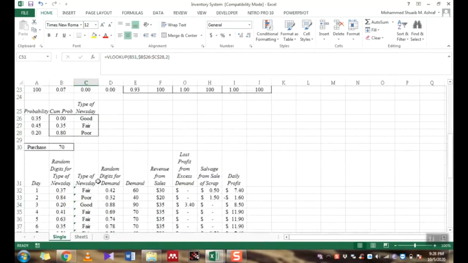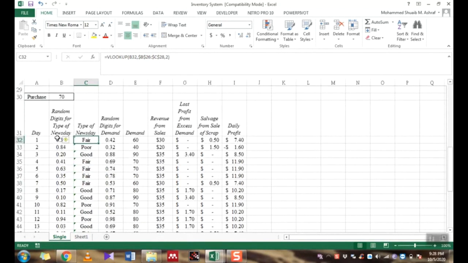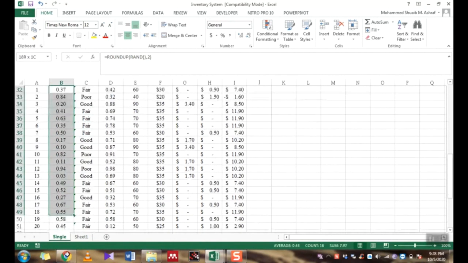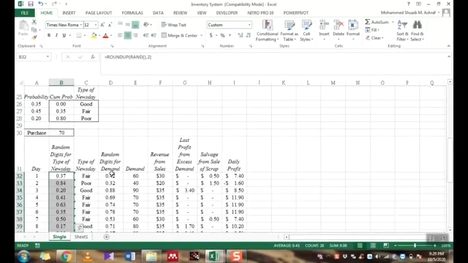Okay. So the type of news day is computed for all these days with these random values. Okay.